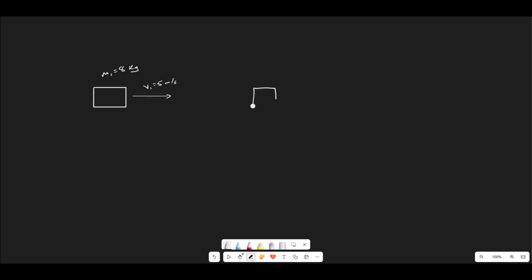Mass 2 can be 2 kilograms, moving at 5 meters per second to the left. We'll still call to the right the positive direction. Now first we said, let's have these things stick together. Now, let's have them not stick together. Let's see what else we can do.